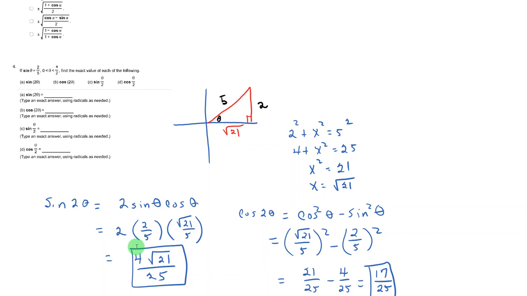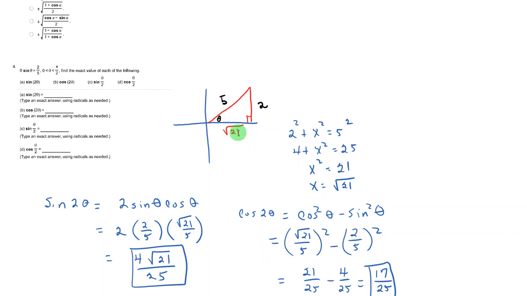All right, now we get a problem. If sine theta is equal to 2/5 and theta is between 0 and pi over 2, find the exact value. This is like we did in our example. So we know we're in the first quadrant, so we draw it. We go out from the origin, drop a perpendicular. Sine is 2 over 5. We've got to find this number.